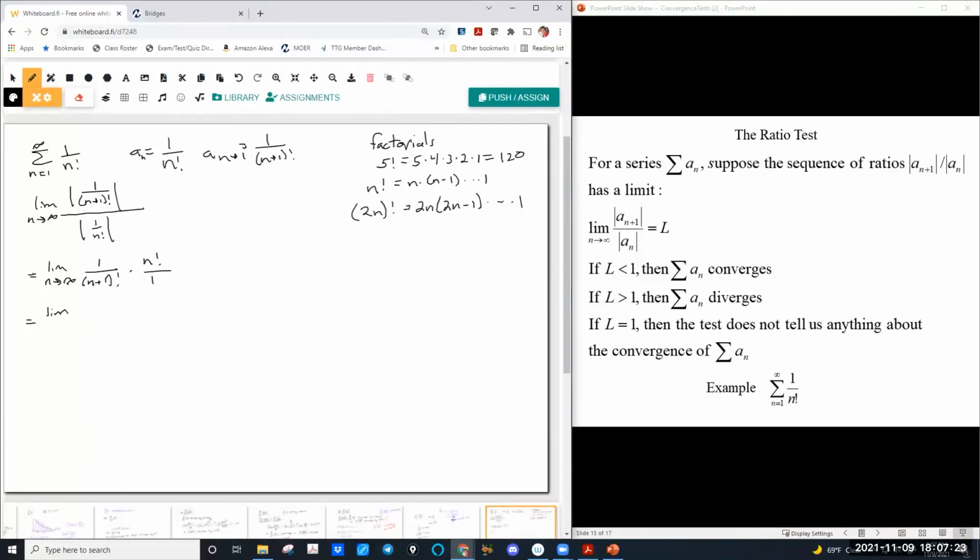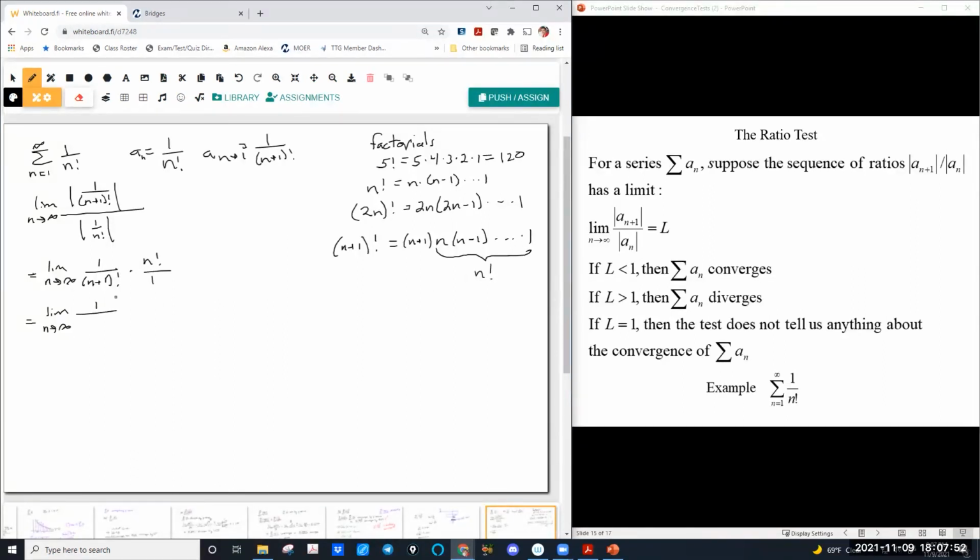Okay, now here's the way these work. The next thing you do before you take the limit is you do as much simplifying as you can. Now, let's think about what n plus 1 factorial looks like. The first term is n plus 1. Then you start subtracting 1, so the next term is n, all the way down to 1. Well, that is n factorial.